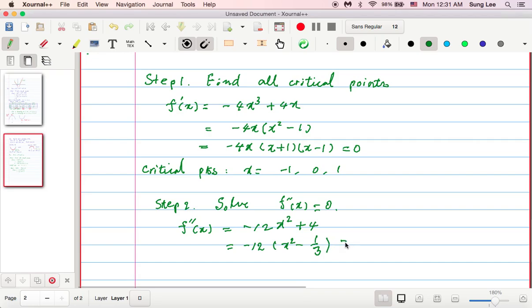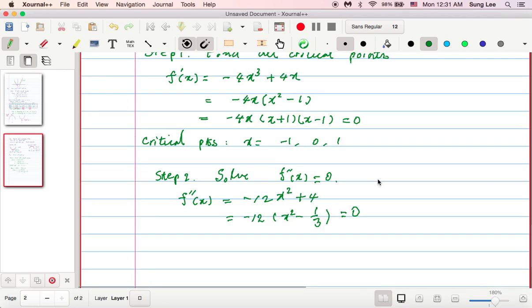Okay, and then set that equal to 0. So we find two solutions, okay? So in this case, x is going to be plus or minus 1 over square root of 3. Okay, so those are the actual candidates.